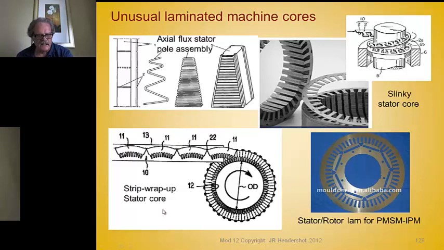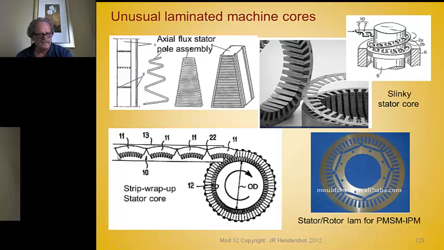And this is another technology that's similar to the slinky, and this is widely used. Honda uses this. A number of companies use versions and variations of this, and they all have patents. Sometimes this is done with a single tooth, and other times it's done with multiple teeth.